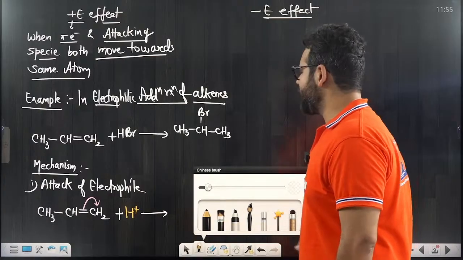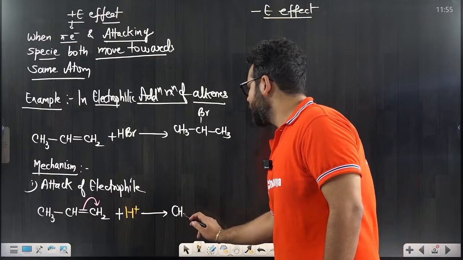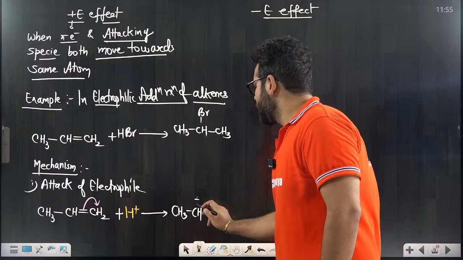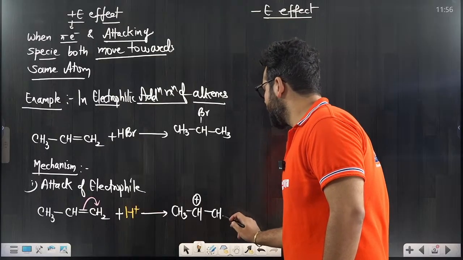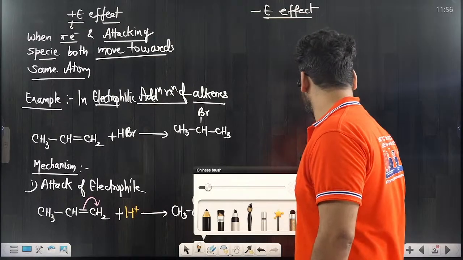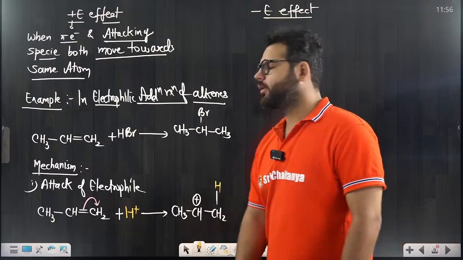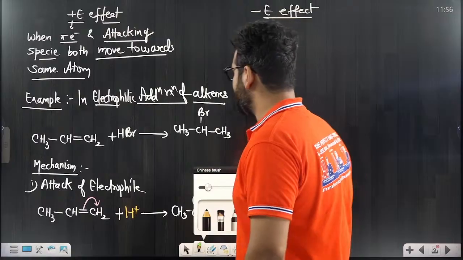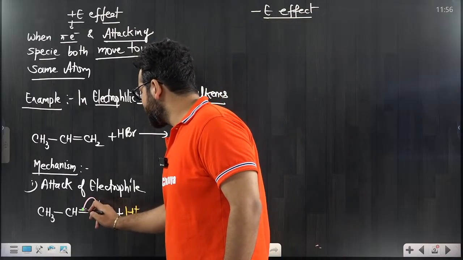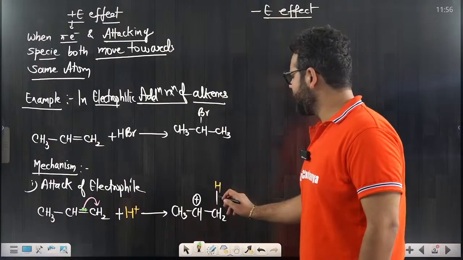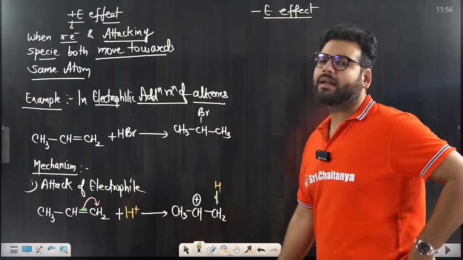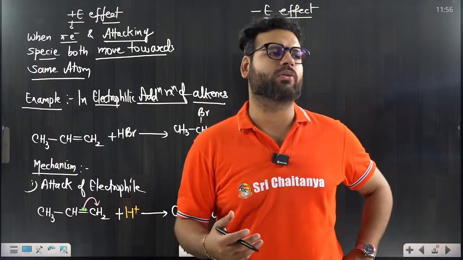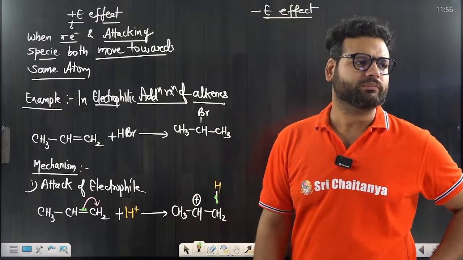So wherever the pi electrons have moved, there only the attacking species has attacked. If I show your pi electrons with green color, let's say these were the pi electrons, they have finally gone to the corner carbon and the attacker has also gone to the corner carbon.